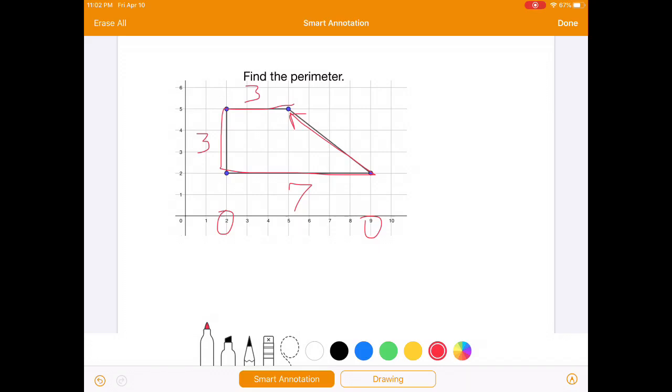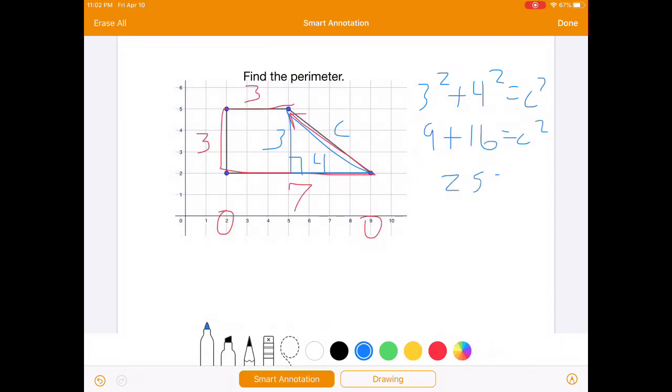Now, the oblique side, once again, we're looking at a Pythagorean Theorem problem here. So here's our right angle. Our one leg is 3. Our bottom leg, not 7. That's the side of the trapezoid down there, but the side of the triangle is 4. So we are looking at 3 squared plus 4 squared equals c squared. So we've got 9 plus 16, and this is going to be a nice perfect square here.